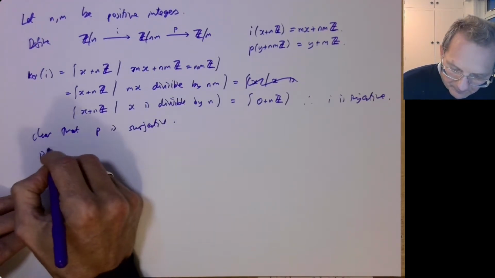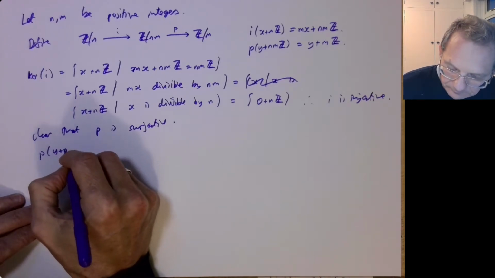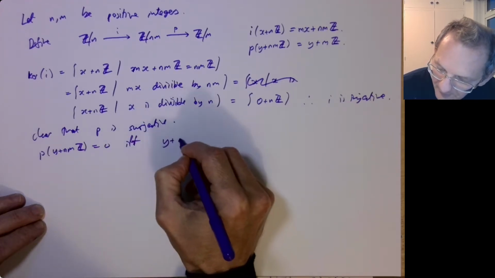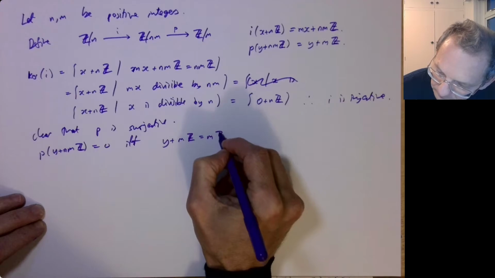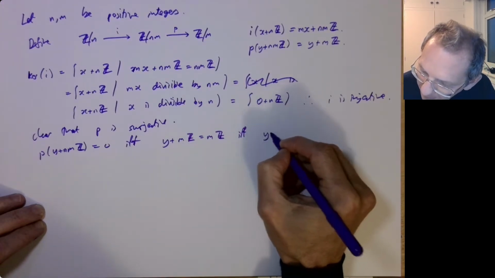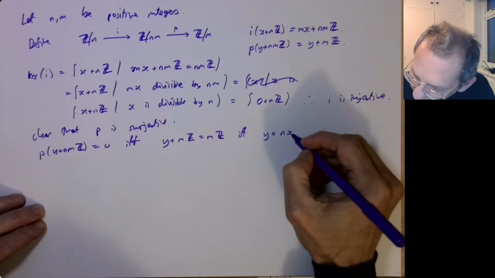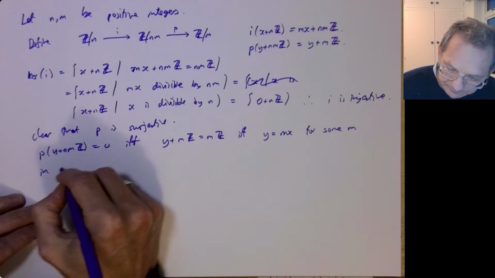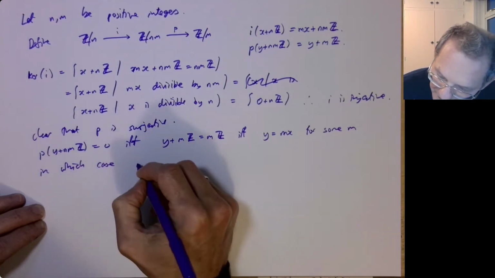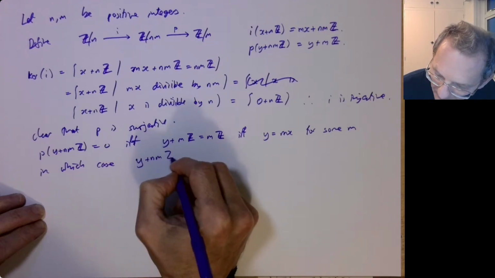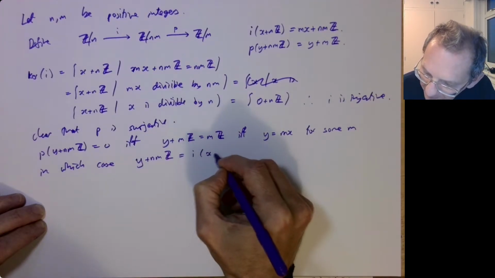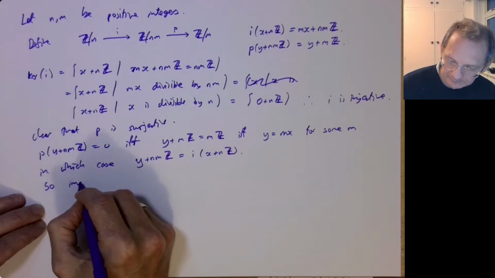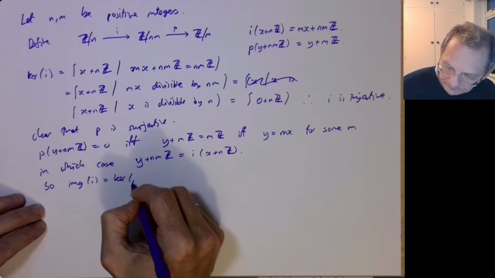Okay, and then p of y plus nmZ is 0 if and only if y plus mZ is the zero coset, if and only if y is mx for some x, in which case y plus nmZ is the same as I of x plus nZ. And so we see from this that the image of I is the kernel of p.